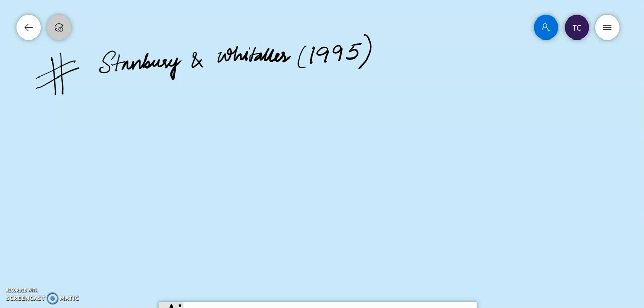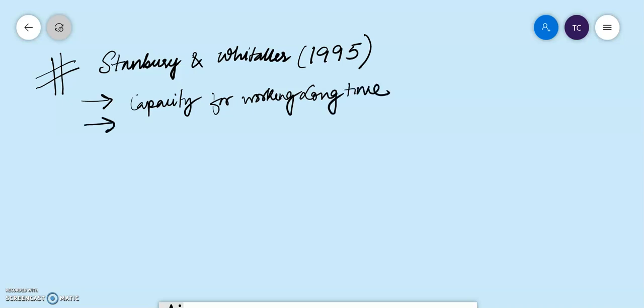According to them, the first point you have to keep in mind is that a bioreactor must have the capacity of working for a long time. That is important because you are utilizing it in the industry.